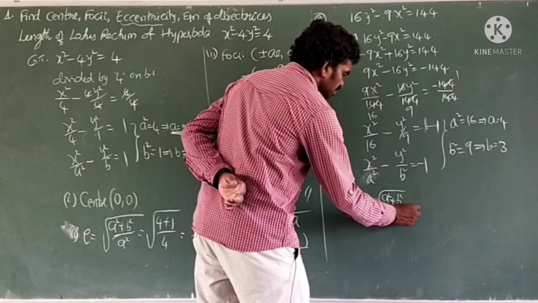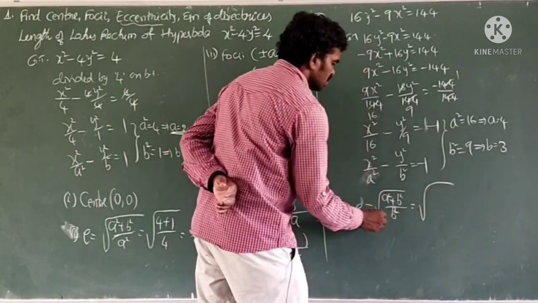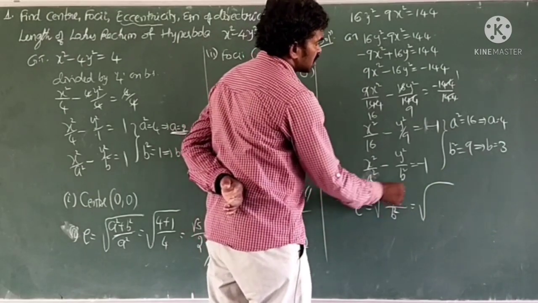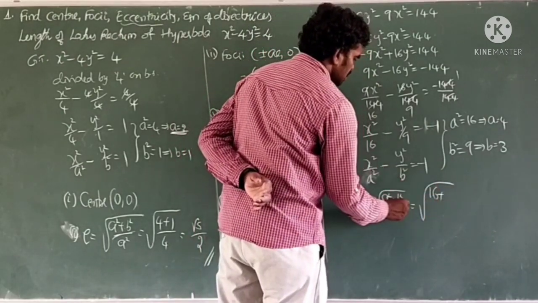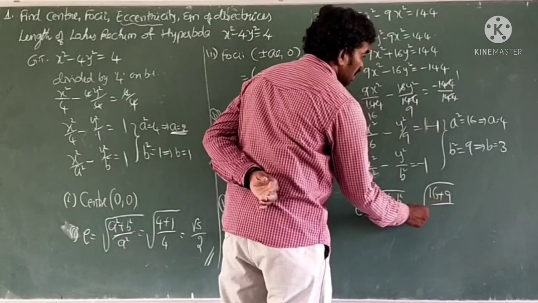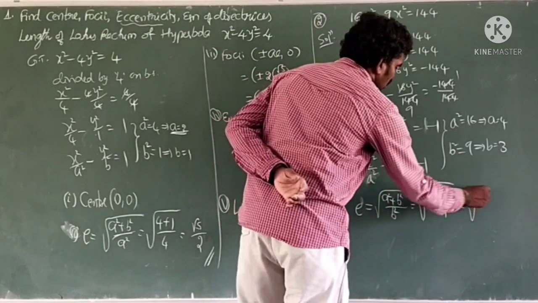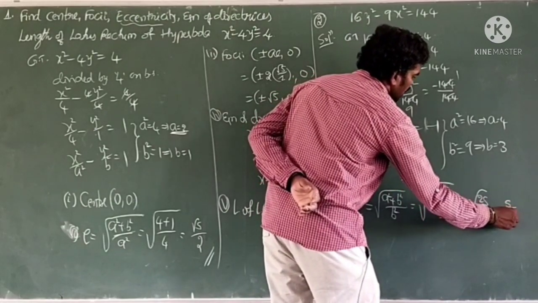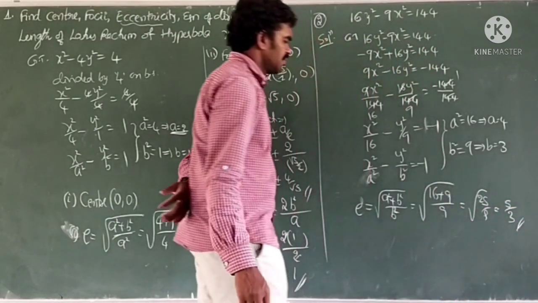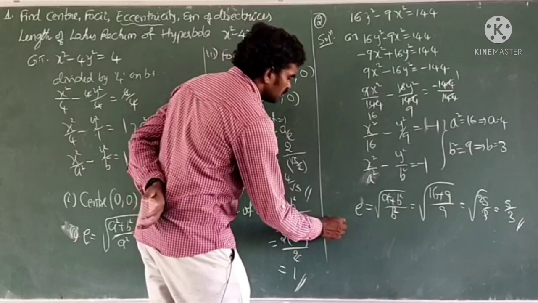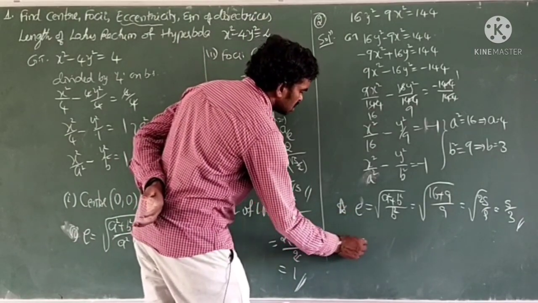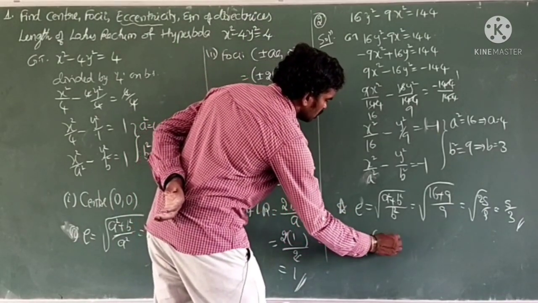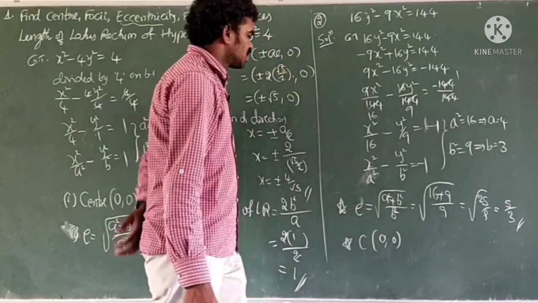So a square is 16 plus b square is 9, by b square which is 9. Root 16 plus 9, root 25, by 9. So root 25 is 5, root 9 is 3. This is the eccentricity. Next, the center is 0 comma 0. Next, the foci.